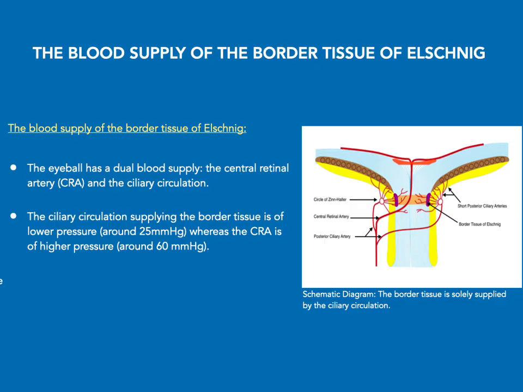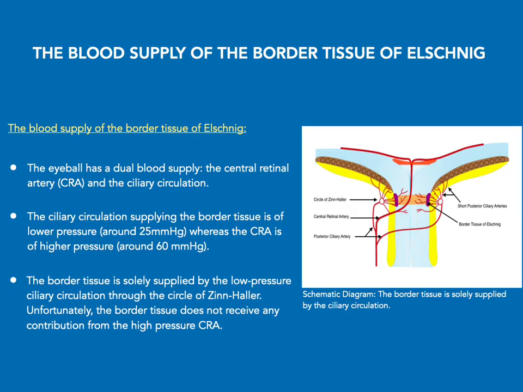The border tissue is solely supplied by the low pressure ciliary circulation through the circle of Zinn-Haller. Unfortunately, the border tissue does not receive any contribution from the high pressure CRA. As you can see in the schematic diagram here, the border tissue is solely supplied by the ciliary circulation.